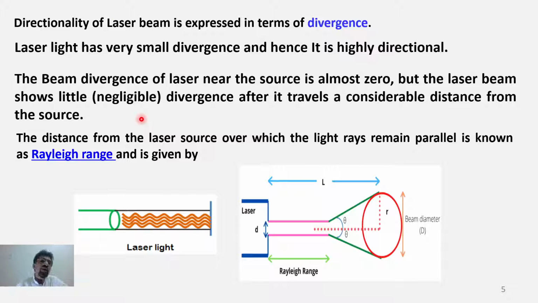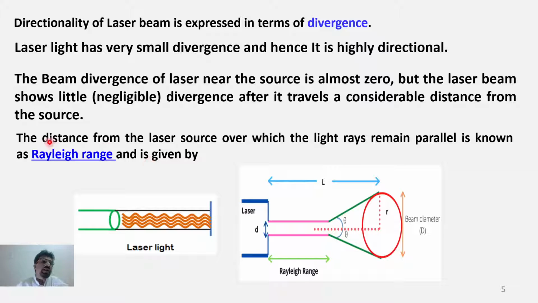The directionality of a laser beam is expressed in terms of divergence. We have seen that the beam emitted from the laser source is a very narrow beam of light.